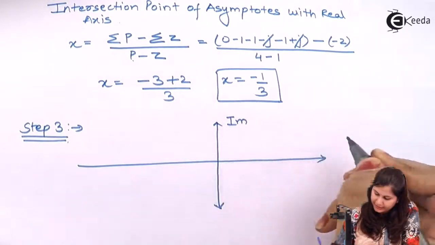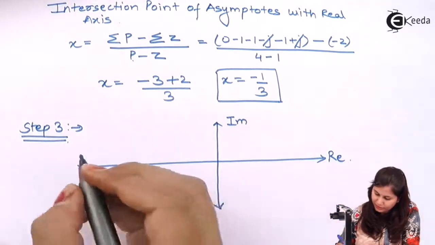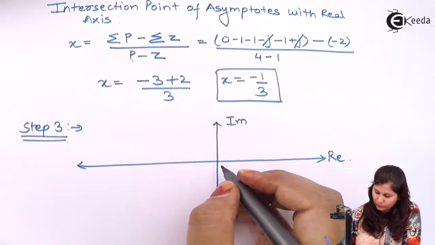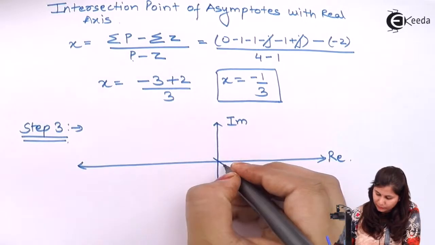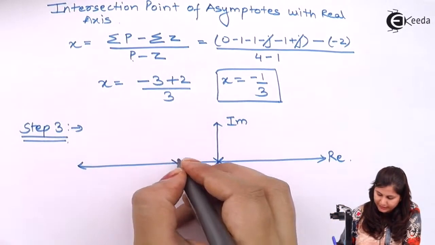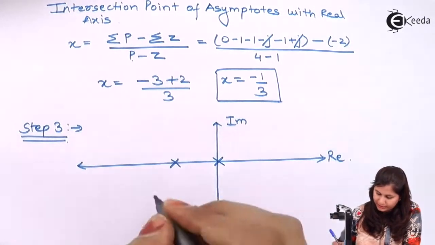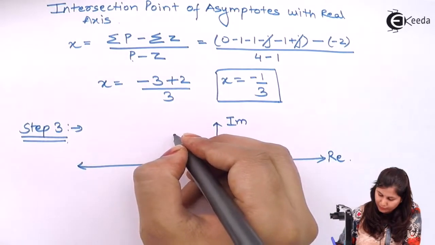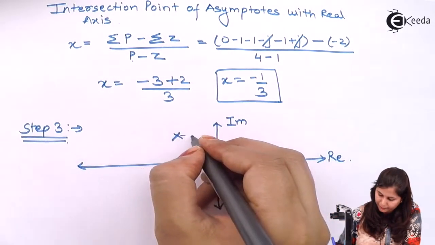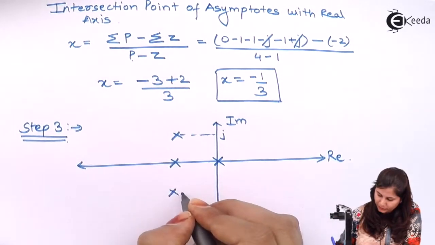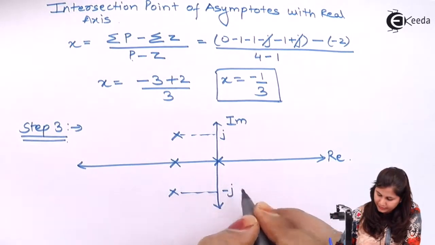We are having this as imaginary axis, this is real axis. Our first pole is s equals to 0, so we are having one pole. Then we are having one pole as s equals to minus 1. Then complex poles we are having as s equals to minus 1 plus j and minus 1 minus j.